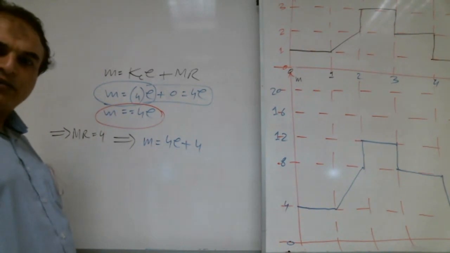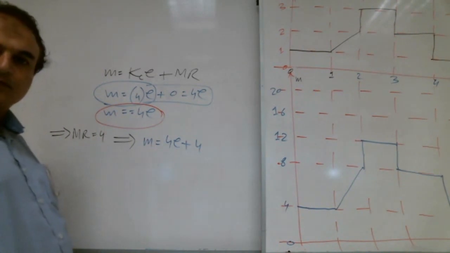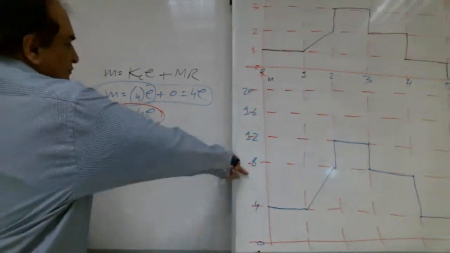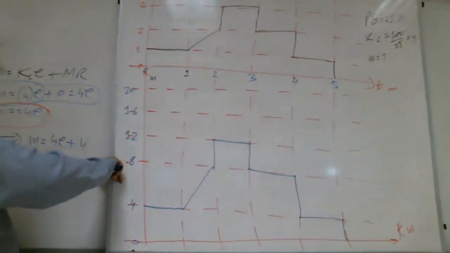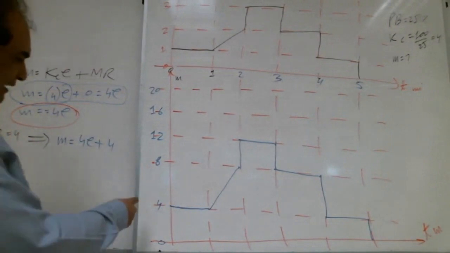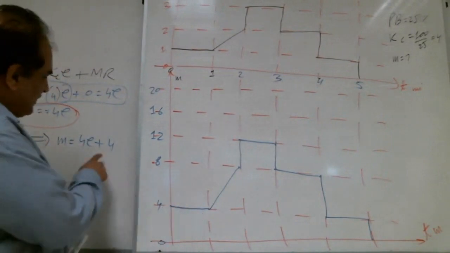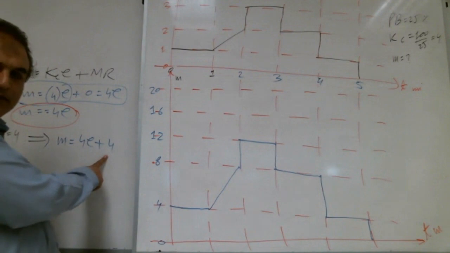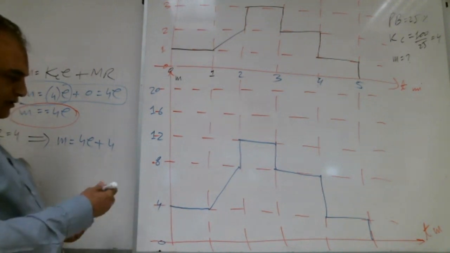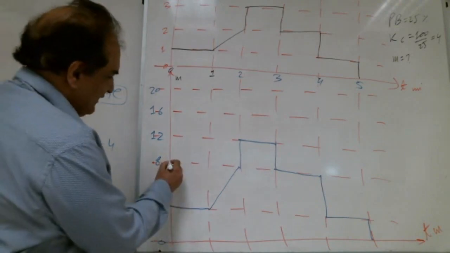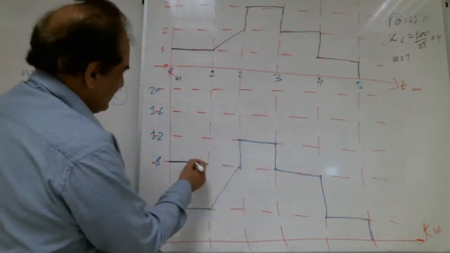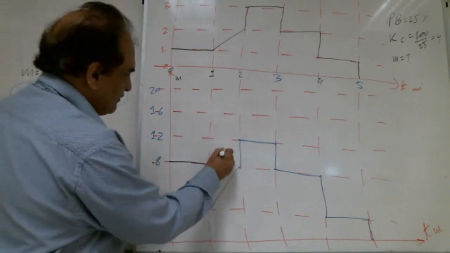4E plus 4. Okay. Now how will we bring this 4 here? Everywhere, wherever the output, add 4 to it. 4 plus 4 here, 8. Then here it is 8 plus 4, 12.